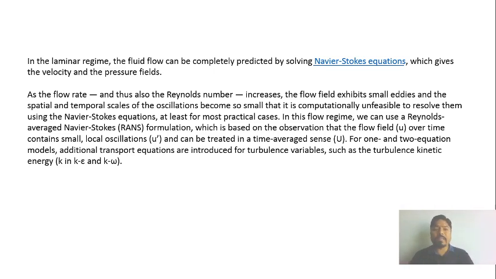For that purpose, we have the RANS model in turbulent fluid flow phenomena, which is known as the Reynolds averaged Navier-Stokes equation. Based on the RANS equations, a lot of turbulent models exist, which we are going to discuss in our next classes.